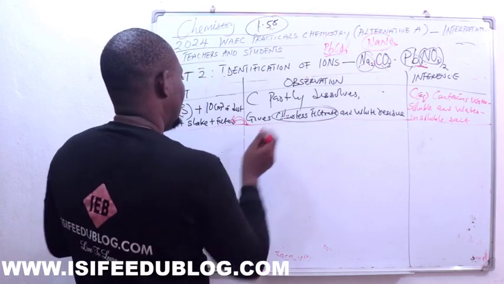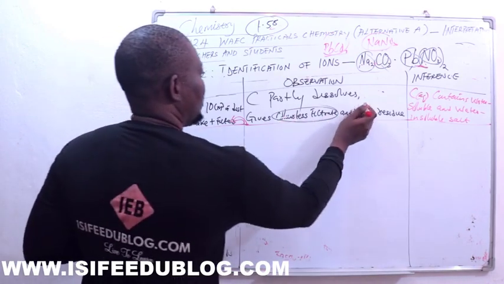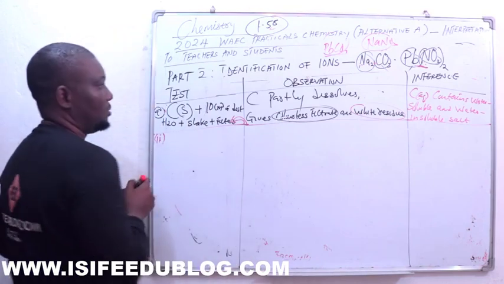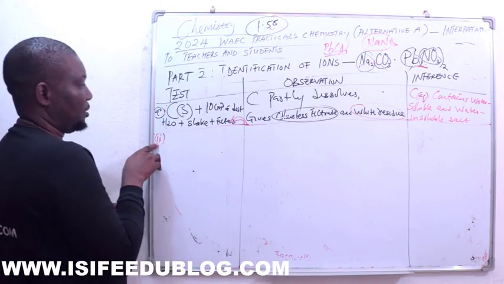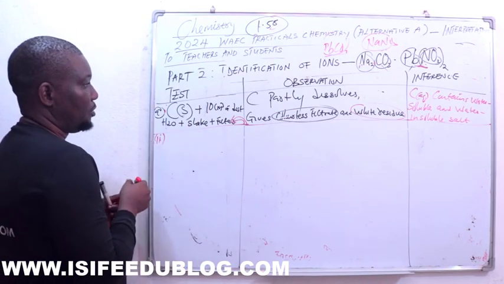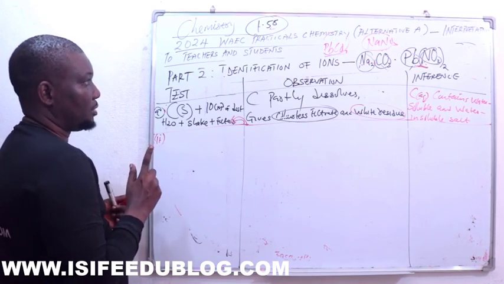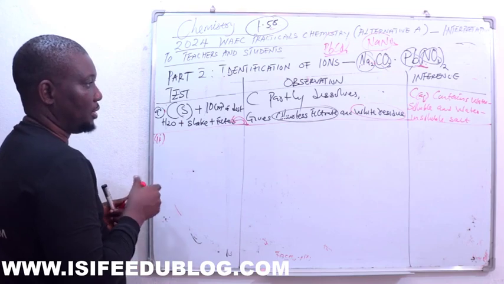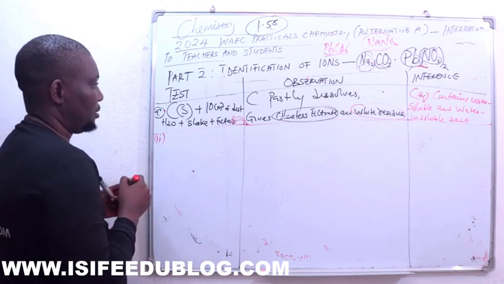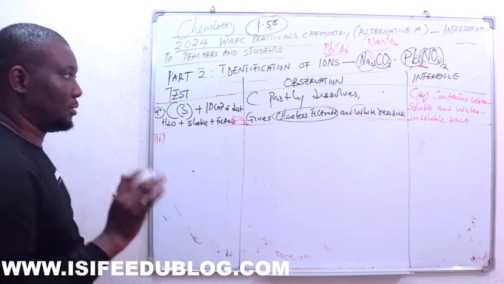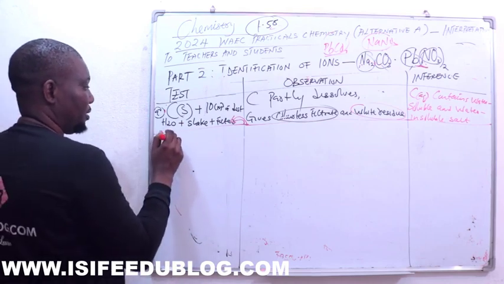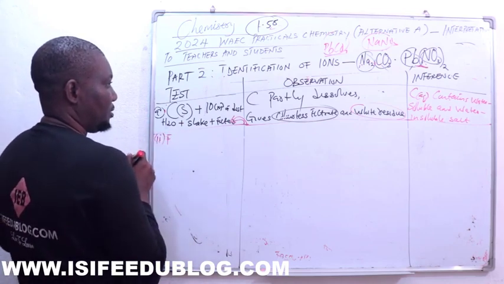Let's say this one will be part of the residue. So let's go with A1 here. So now I'll say filtrates.